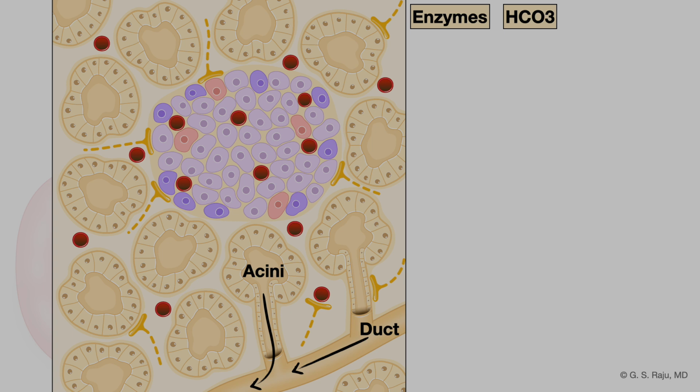So it's important to have a gland that is secreting enzymes and a duct that is secreting bicarbonate to keep things going into the duodenum where they get activated.